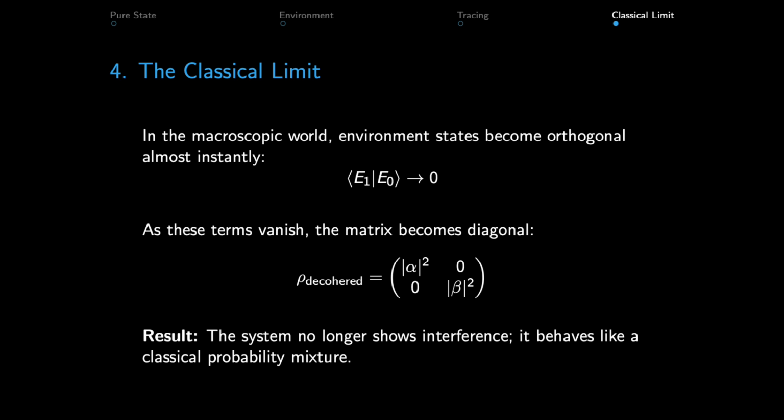It behaves like a classical probability mixture and therefore represents a decoherent state. In that sense, what we have now looked at is the emergence of this particular classical limit, starting with the pure state, then we introduce the environment, then we mixed the environment and the pure state, and finally we ended up with the classical limit.